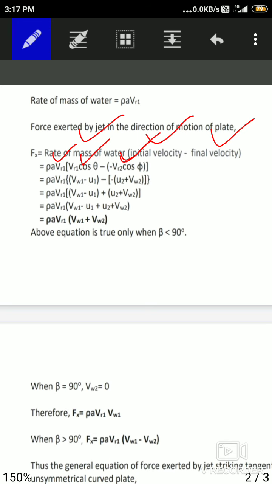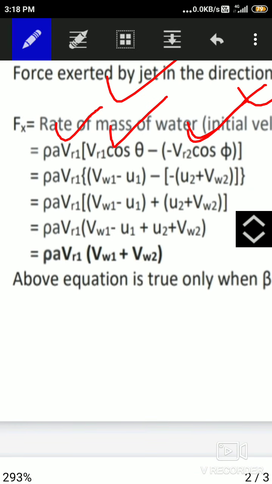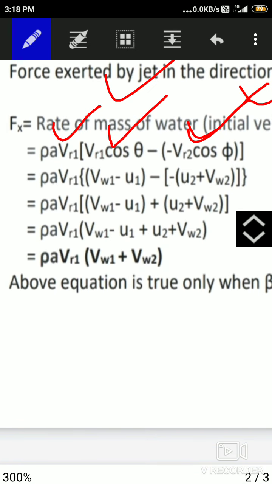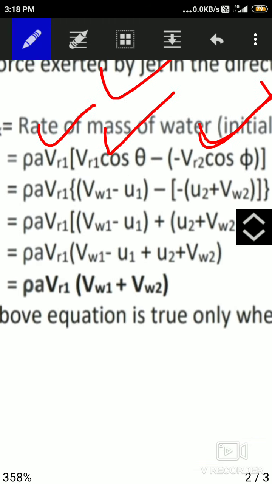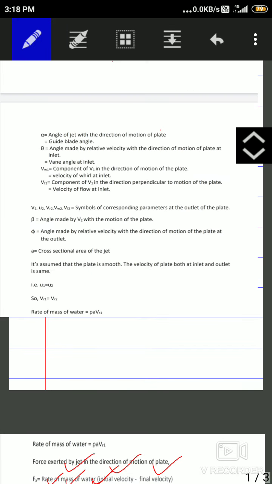Then, to simplify, I'll tell you another thing. Here VR1 cos theta can be represented by VW1 minus U1. Let's see the figure again.